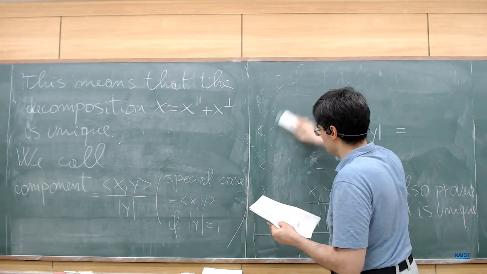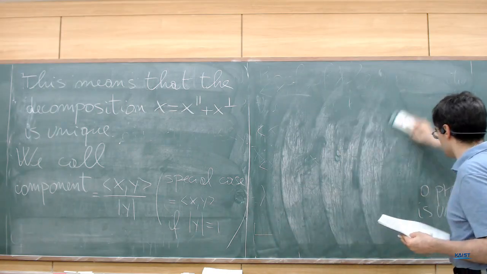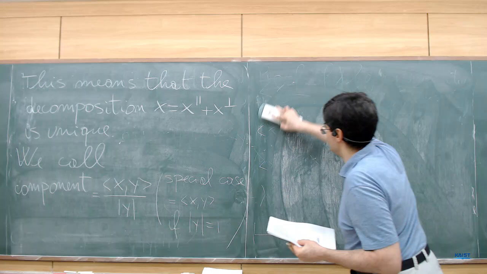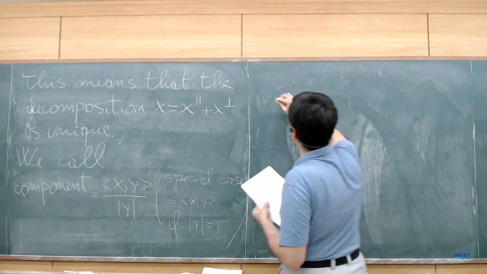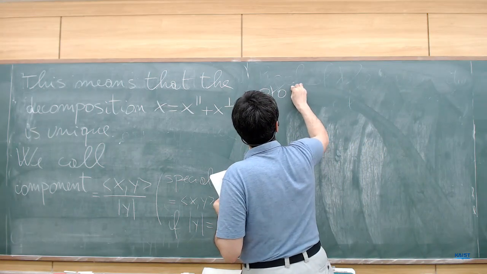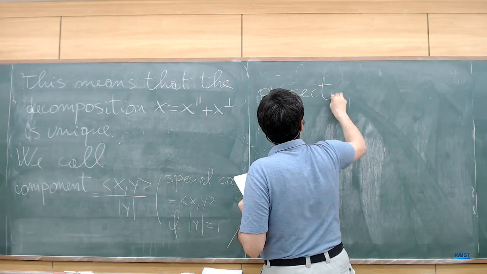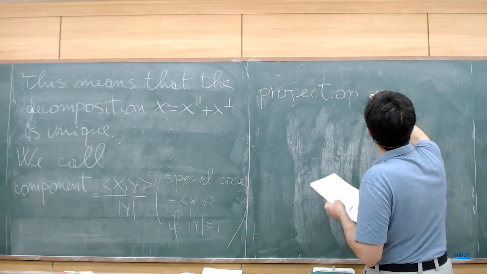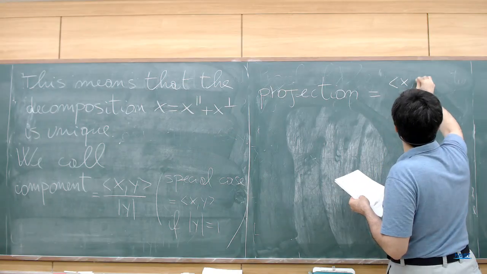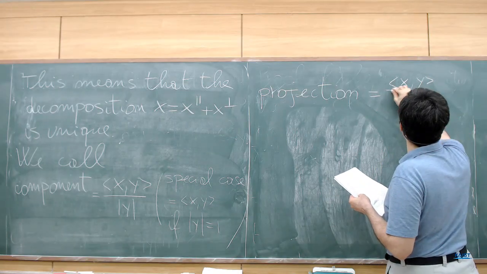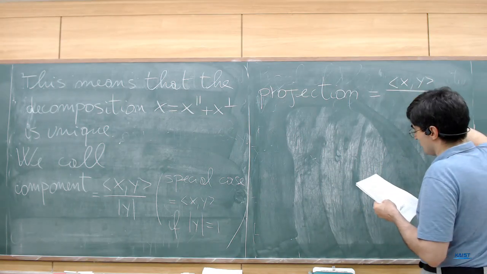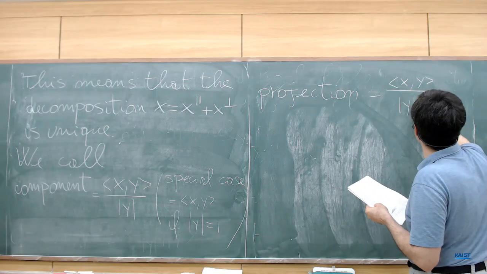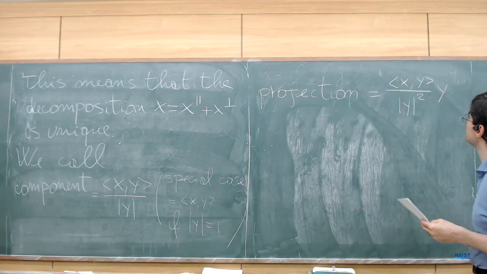And we call projection the vector given by the inner product of x and y over the length of y squared, times y.